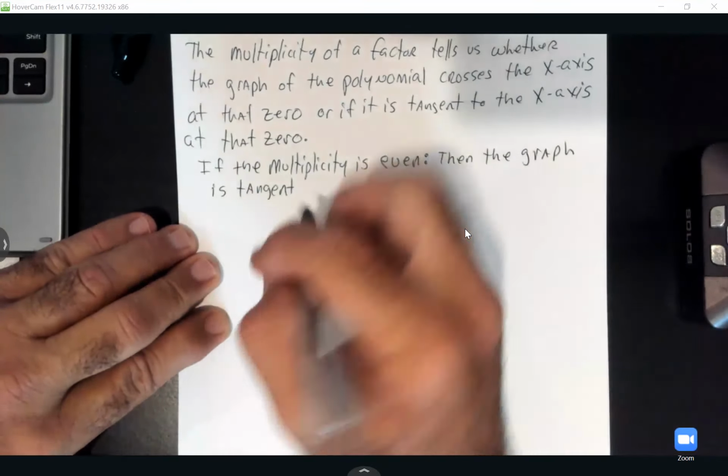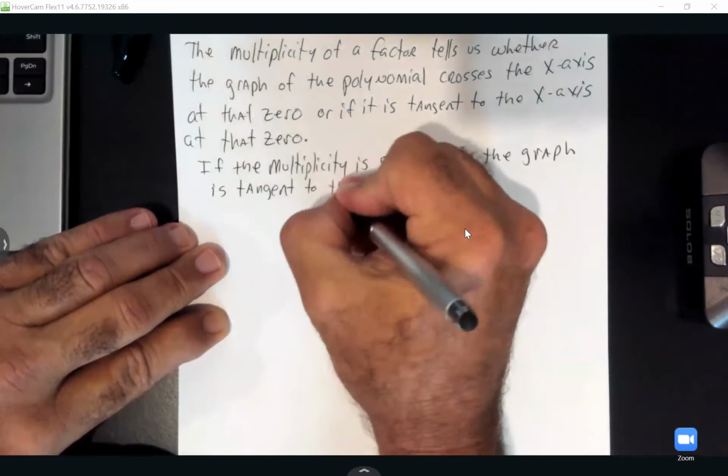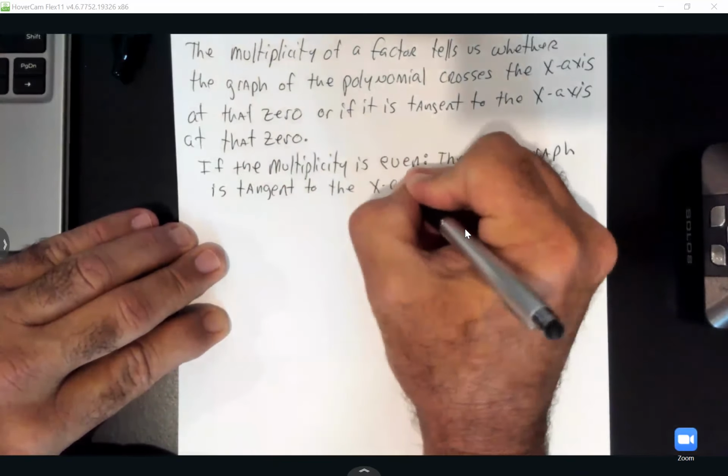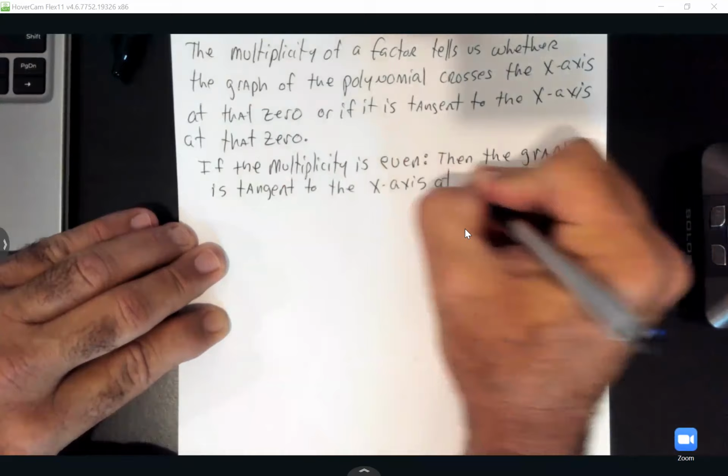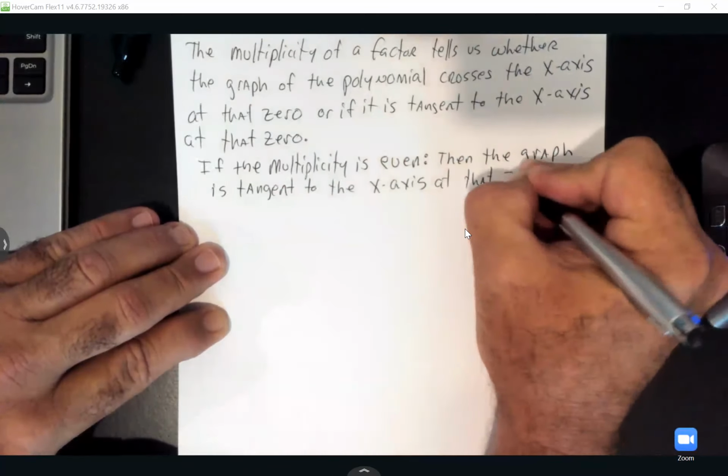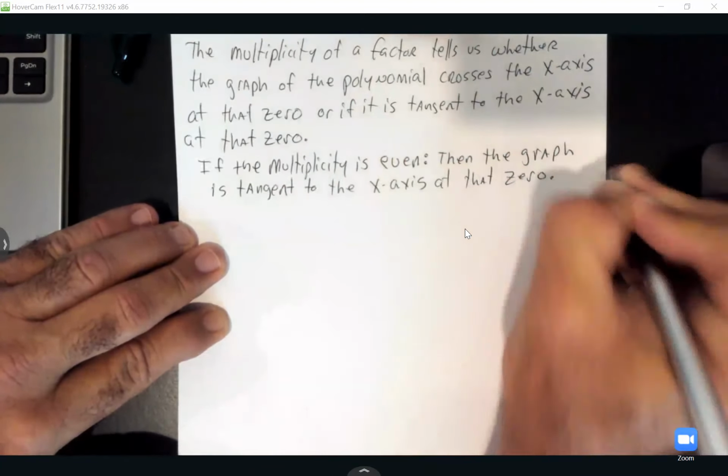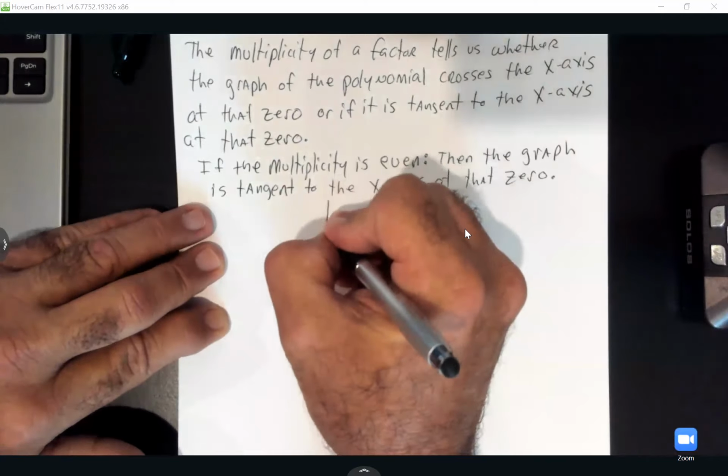So then the graph is tangent to the x-axis at that 0. So y'all, let me show you what I'm talking about on that.